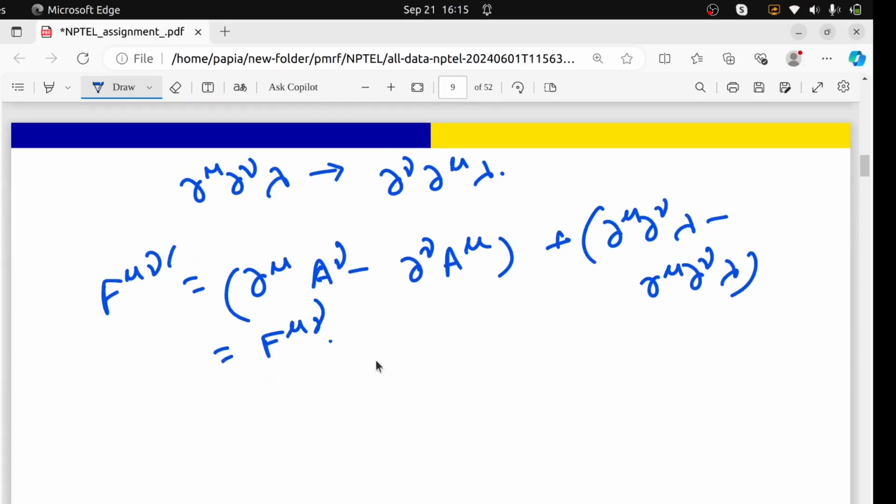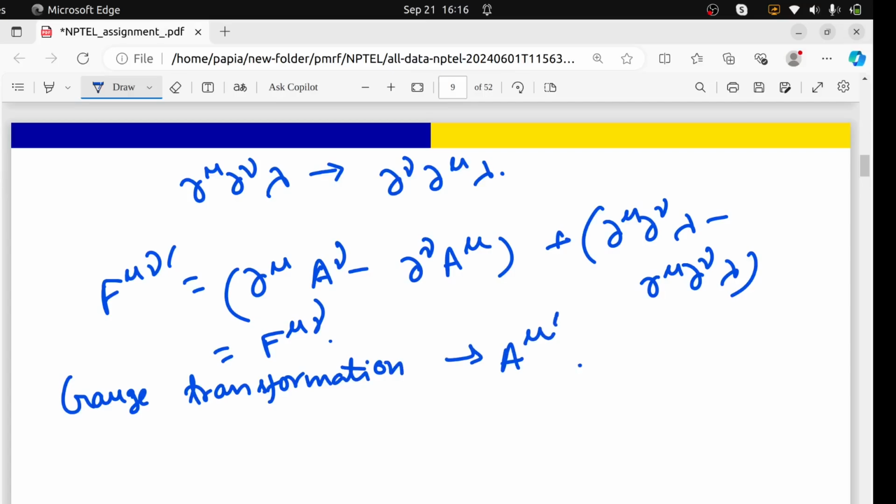So under this gauge transformation, whatever it was there, A_μ prime will be A_μ plus ∂_μ λ. Under this transformation, F_μν prime is equal to F_μν. So under gauge transformation, F_μν is invariant. Okay.